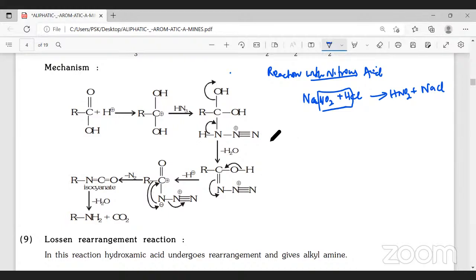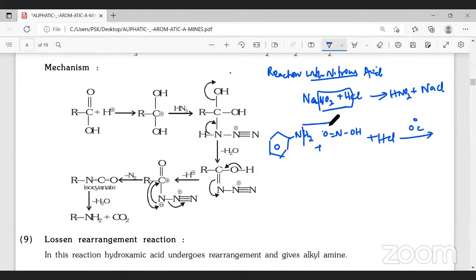Aniline. Aniline is also a primary amine. This aniline is an aromatic primary amine. This aniline, when it's allowed to react with nitrous acid, I will write like this, O double bond N OH. And we also have HCl here. I will write HCl at 0 degrees Celsius, 0 to 5 degrees Celsius in specific.